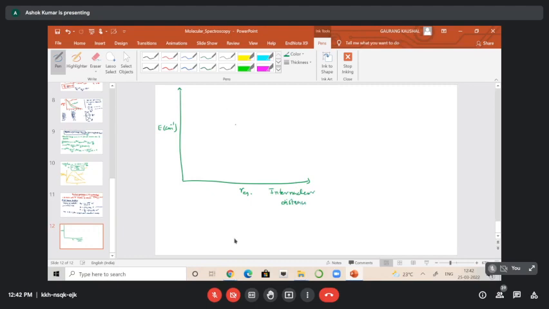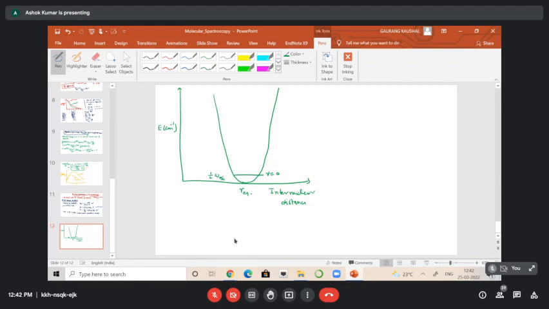The curve for this kind of spectrum will be a harmonic oscillator, like this. At v equal to 0, the energy is half omega oscillation, the zero point energy.